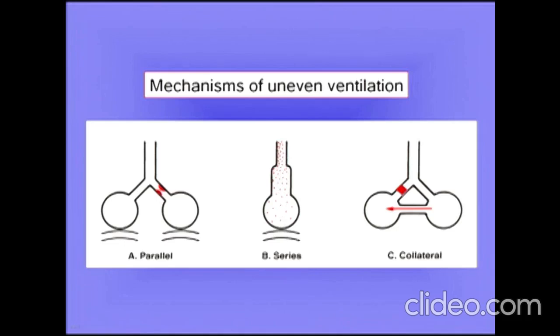And finally, there's the mechanism known as collateral ventilation, where gas reaches the alveoli, but not through the usual channels, but through connections between small airways, or even conceivably connections between alveoli under some conditions. But there are collateral channels, and that may be the reason why there was no shunt in that patient with asthma.